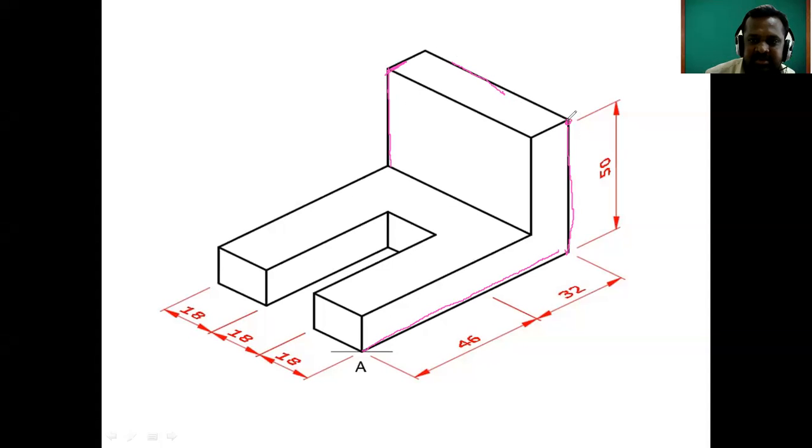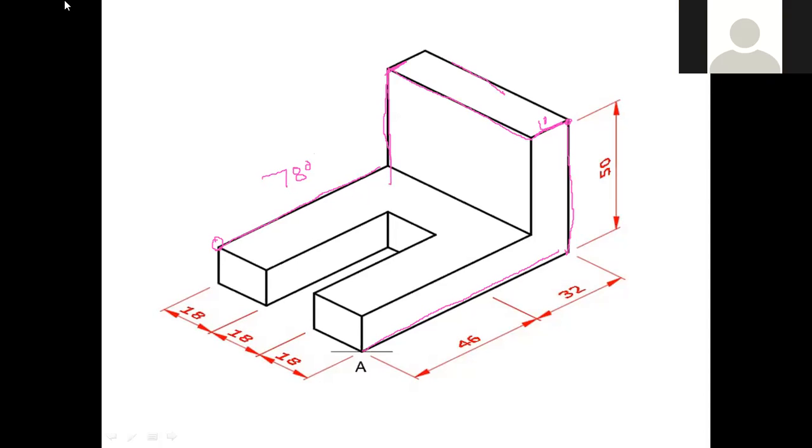Again see this is the 10 mm, so this line we can easily draw. Both the points we can join. Then we can start from this point and draw this line of 78. Okay, and then we can draw this line. Understood? Yes, sir.